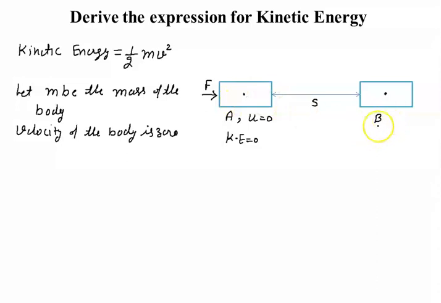For finding the final velocity, we will use the relation v square minus u square is equal to 2as.